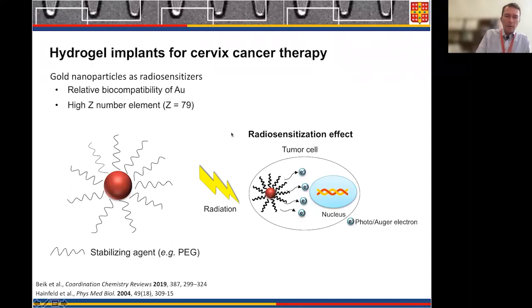So gold nanoparticles are high Z materials, and high Z elements presented to a flux of high energy photons have the capacity to generate secondary electrons, secondary photons, Auger electrons, and so on. So this is called the radiosensitization effect.